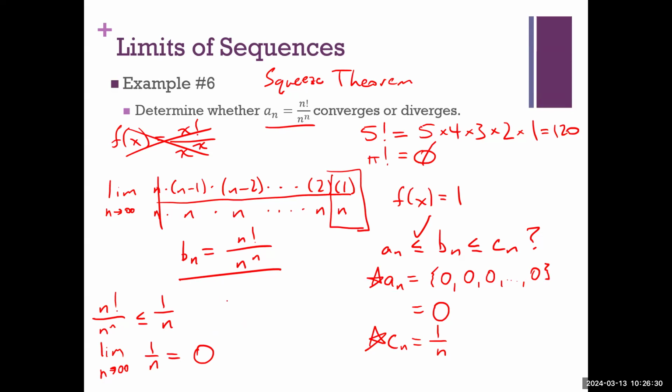Because now basically what I have is this: 0 is less than or equal to n factorial over n to the n, which is less than or equal to 1 over n. It is not 0 because, so a couple of things that are subtle but different and important to talk about.